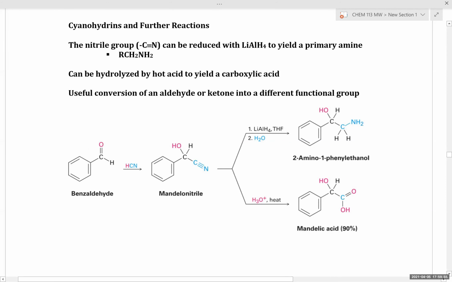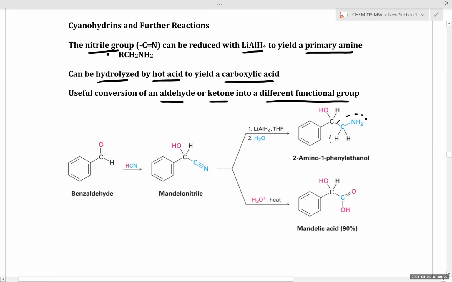Cyanohydrins aren't just useful as end products. They can also be derivatized, as we'll talk about in later chapters. The nitrile group can be reduced with lithium aluminum hydride to yield a primary amine. The nitrile group can also be hydrolyzed using hot acid to yield a carboxylic acid. This is a very useful conversion of an aldehyde or ketone into a different functional group.